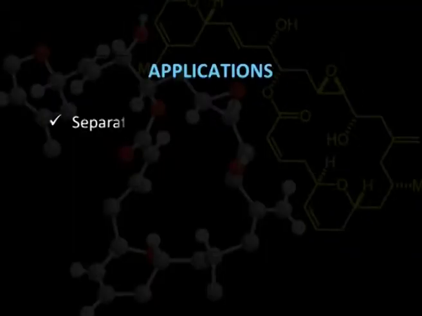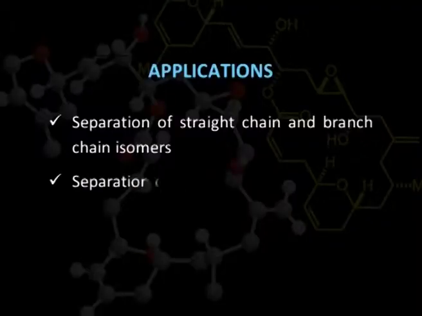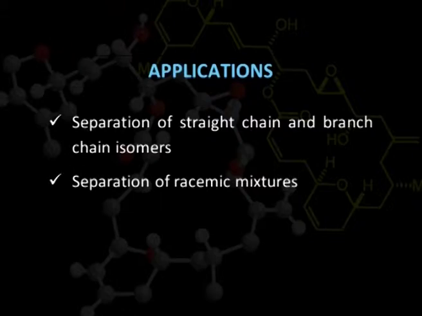Applications of the channel complexes are: they are used for the separation of straight chain and branch chain isomers. As we have already discussed, molecules of only the right size and right shape can be fitted into the cavities. They are also used for the separation of racemic mixtures.